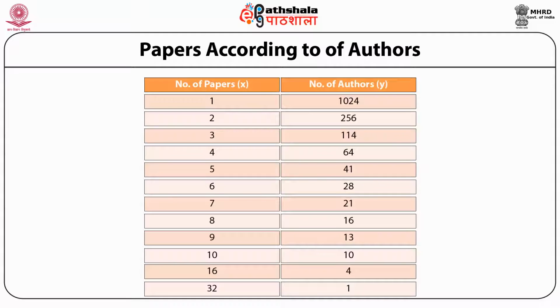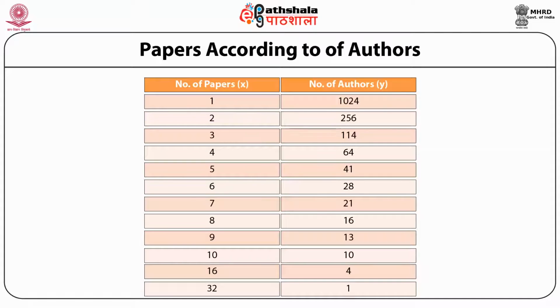This is a table which is given according to the number of authors contributed, one paper, two papers, three papers, and like that. So the first row indicates that 1024 authors have contributed one paper, 2056 authors have contributed two papers.